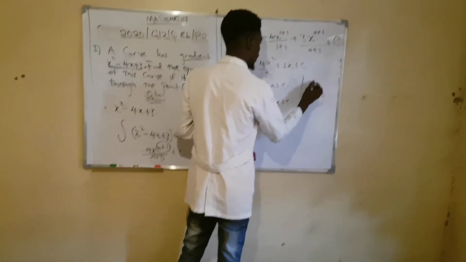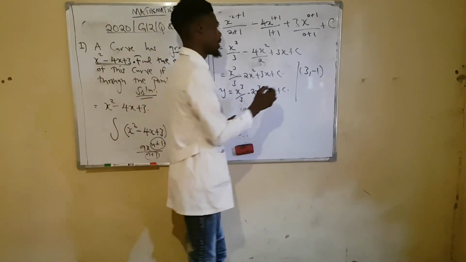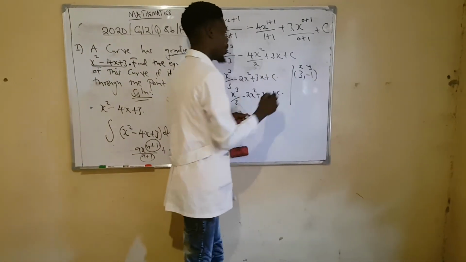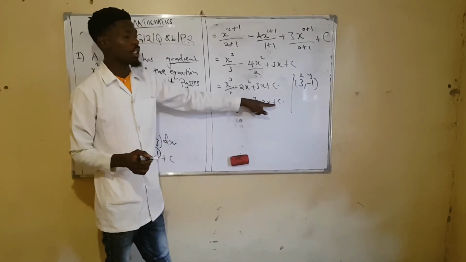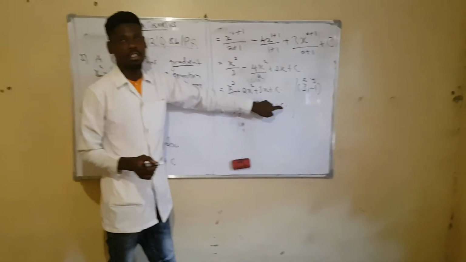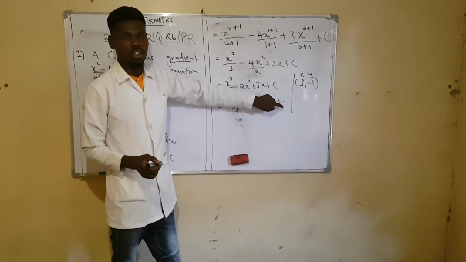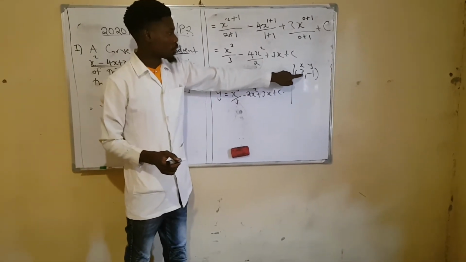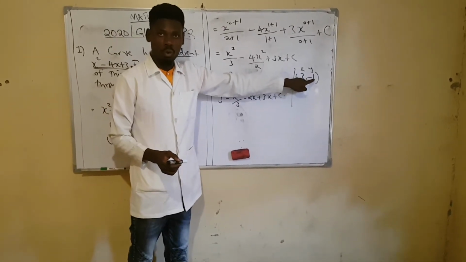We have been given 3, -1. So at this point, this is actually our x, this is our y. Already, this is our equation. But we can't leave it like this because we don't know what c is. Okay? So now for us to know the exact value of this constant, we will need to replace where there's x, we put 3, where there's y, we put -1.